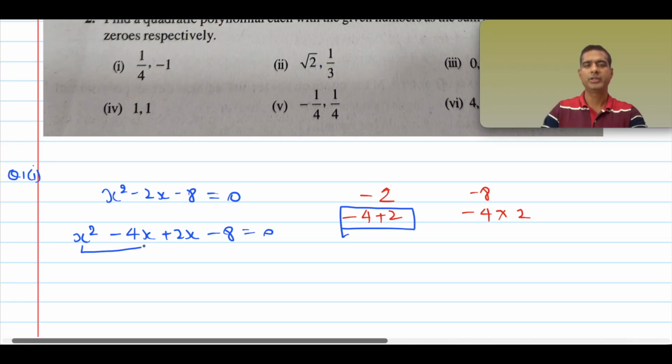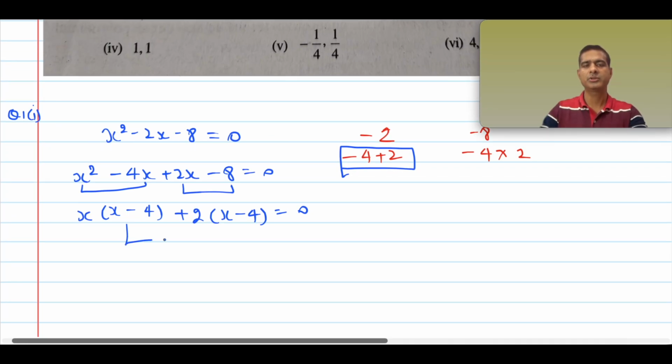Now we can take x common in the first two terms, so it will be x minus 4, and 2 is common in the last two, so we can take 2 common, so x minus 4 will be left. Now in these two terms again x minus 4 is common, so x minus 4, and after taking x minus 4 common, x will be left with the first term and plus 2 is left with the second term.